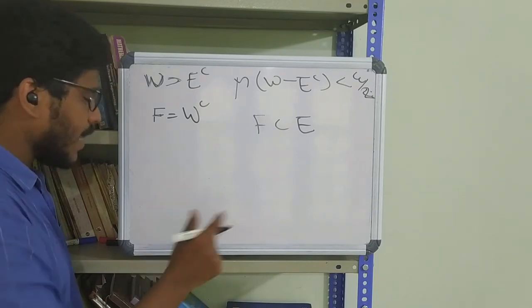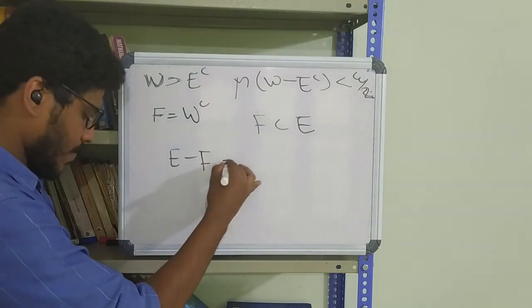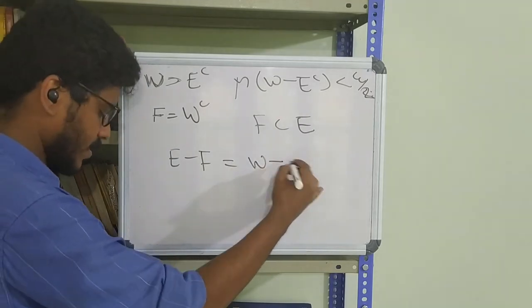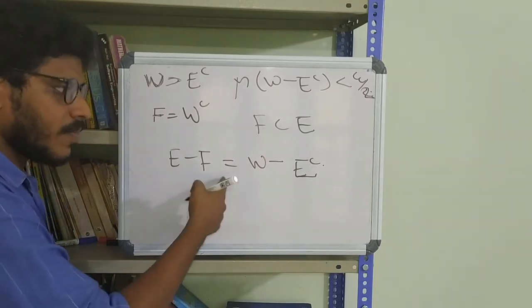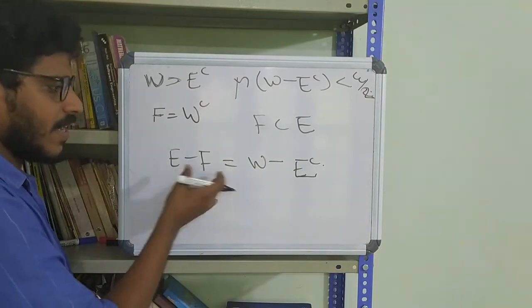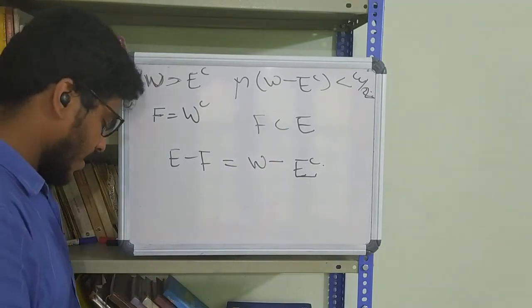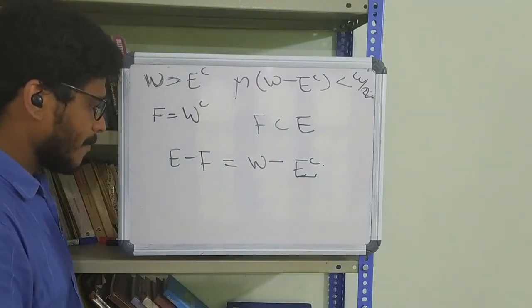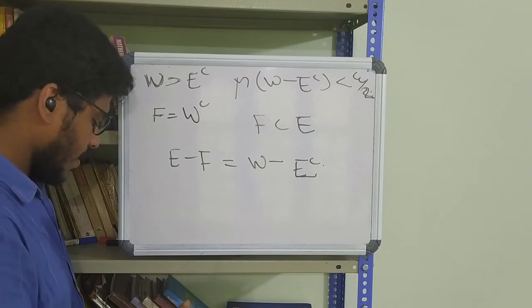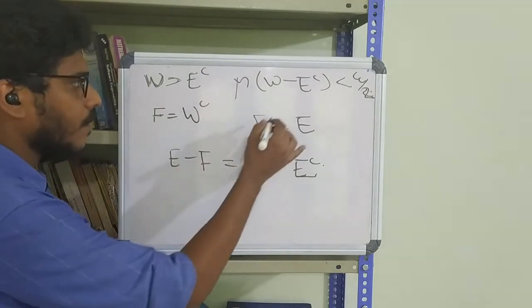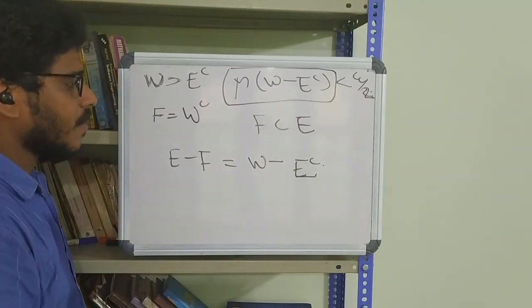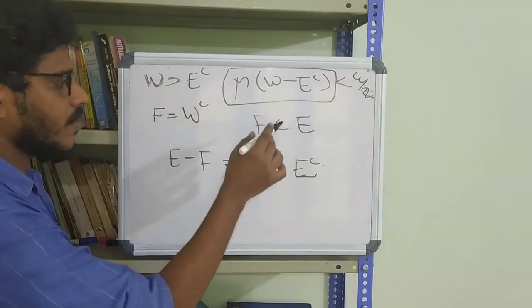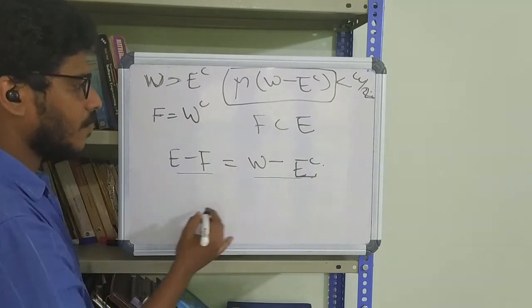And E minus F is nothing but W minus E complement, right? So this can also be verified easily with a simple Venn diagram. We have only 2 or 3 sets here. So what do we have now? Remember, we have measure of W minus E complement less than epsilon by 2, and E minus F is nothing but W minus E complement.